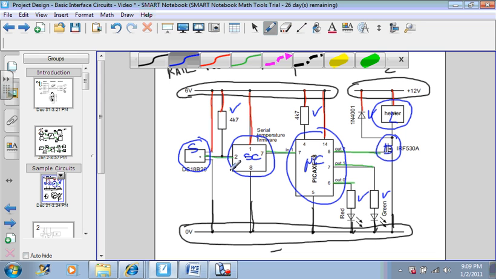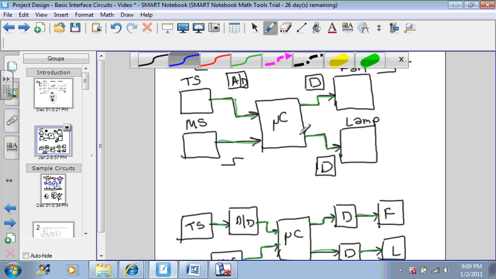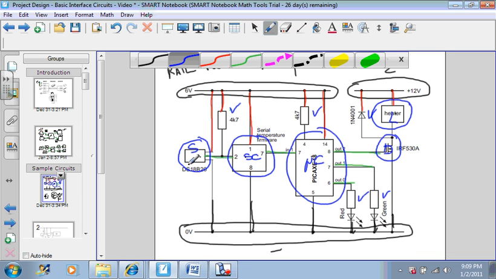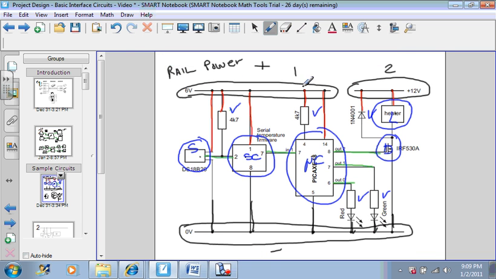So I would like to summarize that signals are usually drawn as horizontal lines to correspond with or to match up with the block diagram. For power, there's usually rails, one at the top for the positive and one at the bottom for the negative. Usually you can also use this symbol to represent a connection to the bottom rail, and you can use this symbol as a symbol to connect to the top rail.